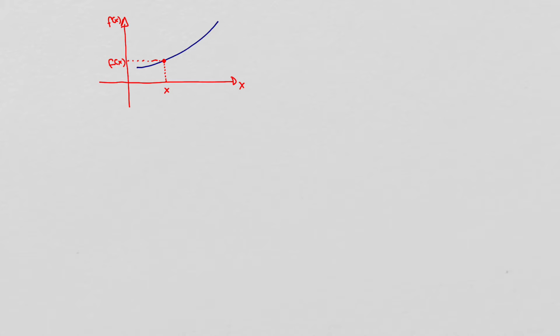If I now go a little bit of a distance across, let's say I go across a distance of h, then my next point, I'll have gone a distance of x plus h. So therefore, if I input that distance into my function, my output will be f of x plus h.